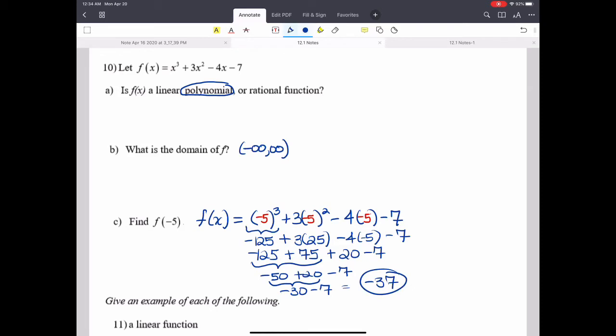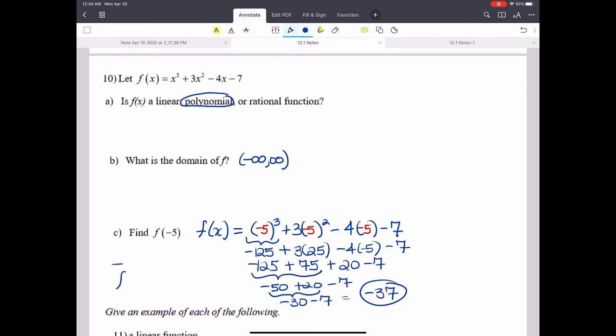So there it is. The f of negative 5 is going to be negative 37.